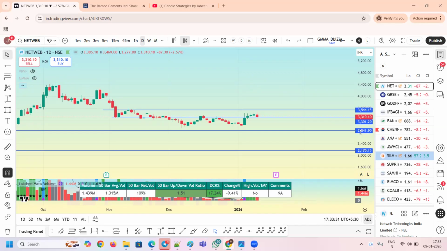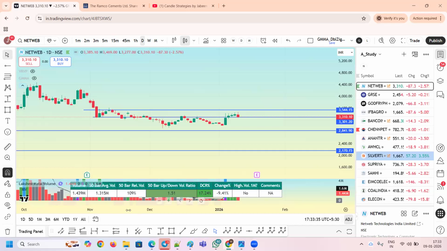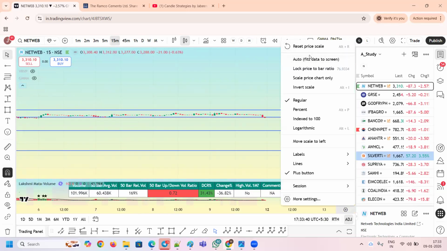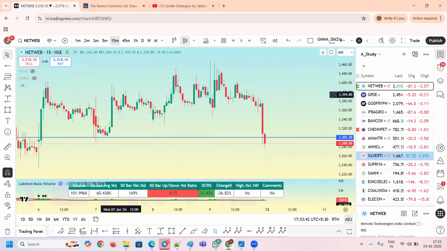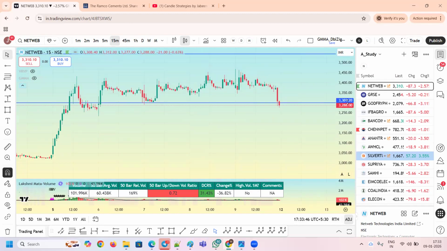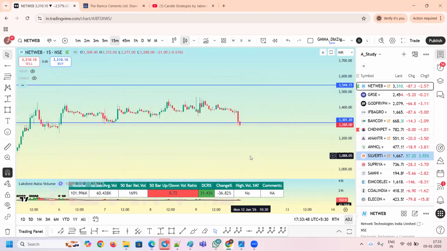This is one stock which I wanted to mention. See, every day you can make money with this stock. If this is a 15 minute candle, and you are mastering it, you can make money. I made money thrice in this stock today with this move.